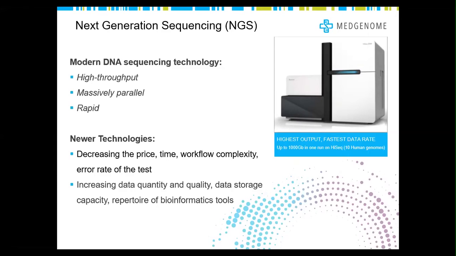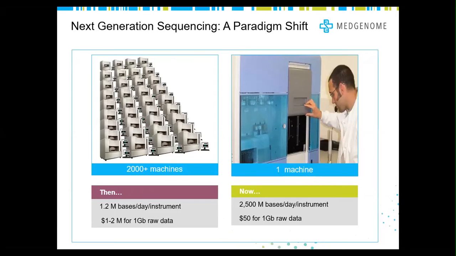So even in next generation sequencing, we have already gone to the 4th generation of tests, which are definitely much better than the 1st generation of NGS sequencing which we used to do. And it is definitely a paradigm shift from those old days when it took almost 13 years to decipher the whole genome with 2,000 plus machines and an equal number of people who would work on those machines.